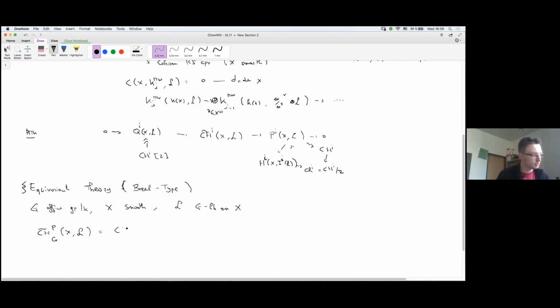For Chow, the group of cycles of dimension P of a certain scheme UV cross X, with the diagonal action, and then quotiented by G with coefficients in L, where UV is open inside the representation V of G defined over K.